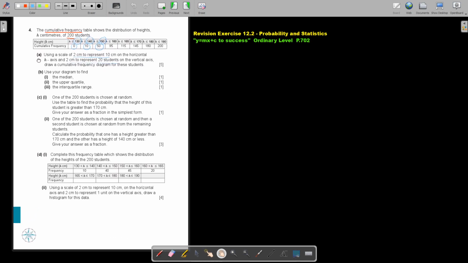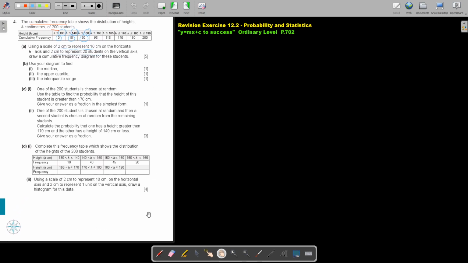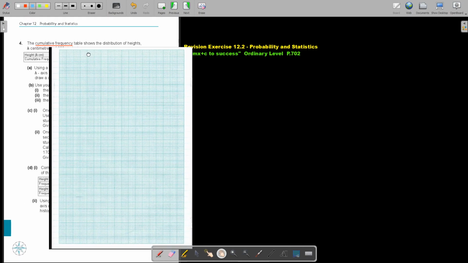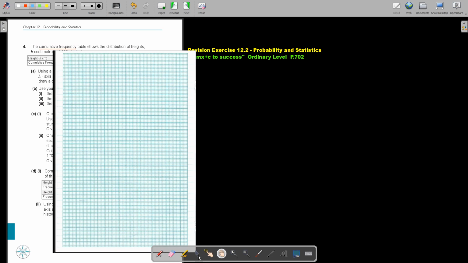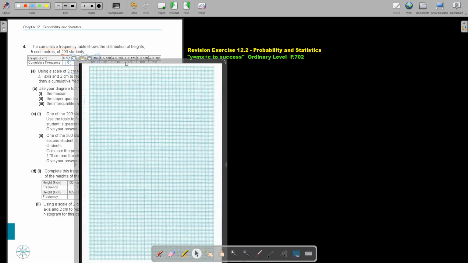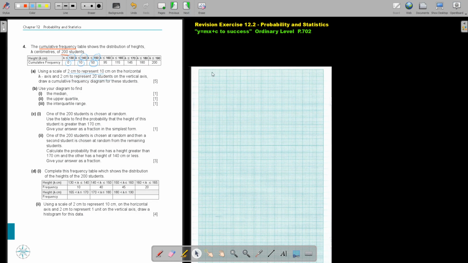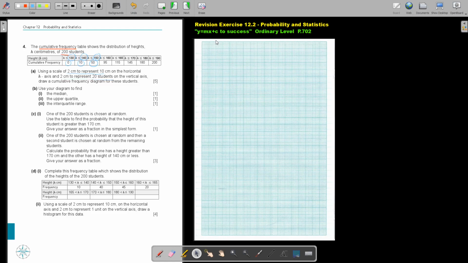I move it here, back. And then I'm going to paste it. Control V. Okay. I can move this up. And I can move this up. Okay. Now it's better. Now I can work with it.